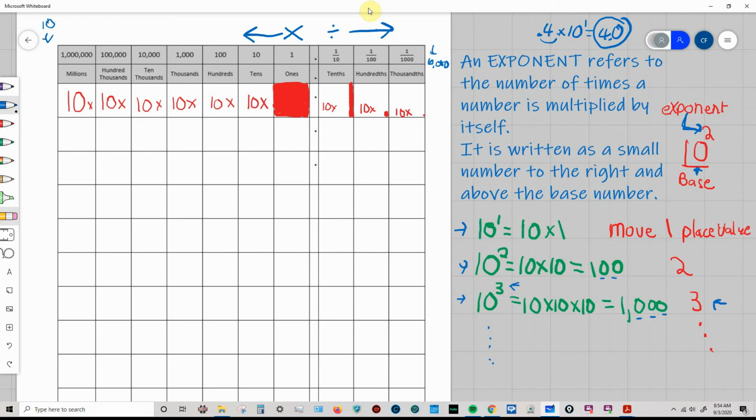Okay, so I'm going to write down a number, and I would like you to try to read it. I'm going to use every place value here. Okay, big old number, lots of digits here. We have a little help with a decimal here. What we want to recognize is our different periods.